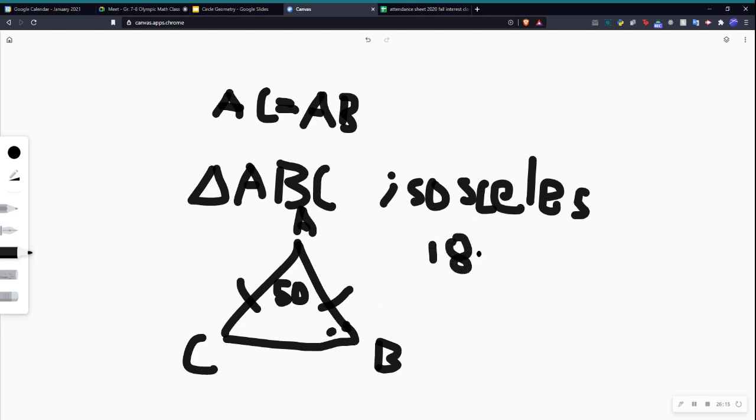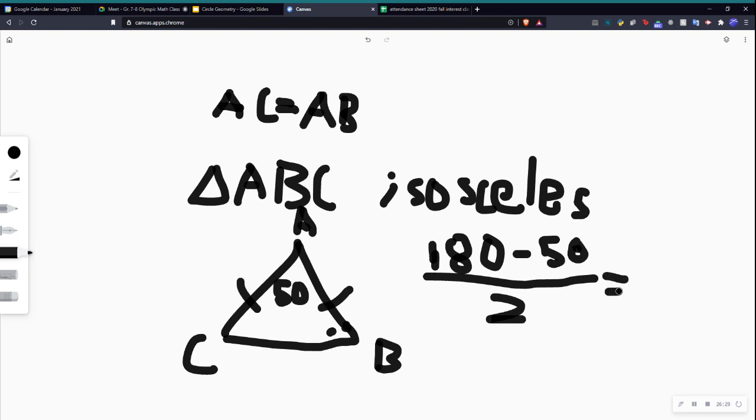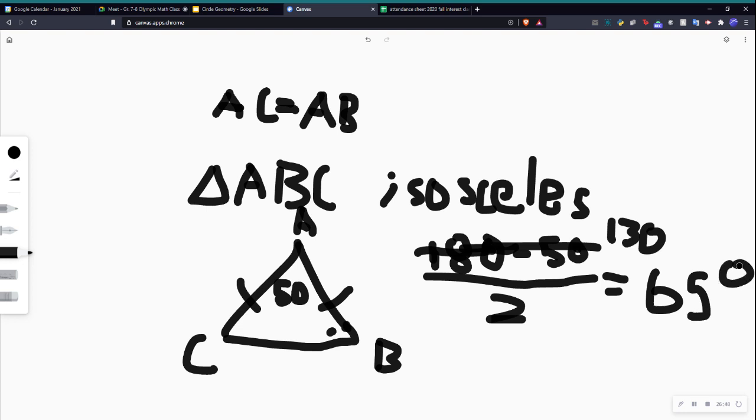You just do 180 minus angle A, which is 50, and divide that by 2, because angle ABC would be equal to angle ACB since it's an isosceles triangle. So 130 divided by 2 will give you 65 degrees. Right? Any questions about this?